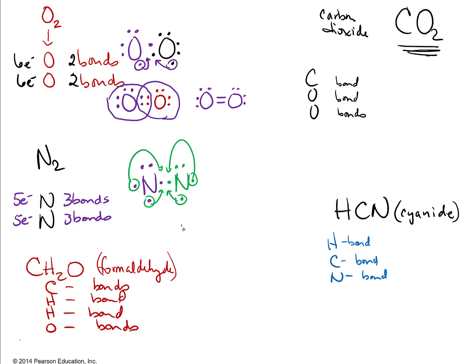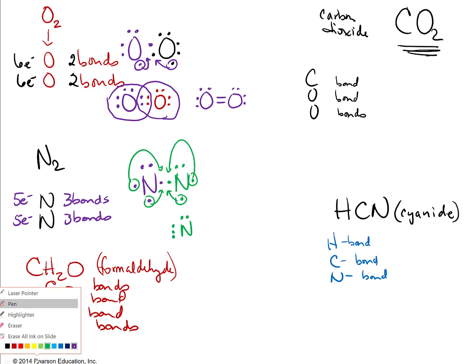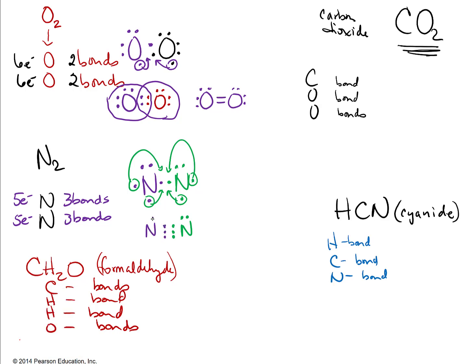So you end up with a nitrogen with 6 total electrons between, to give each of them 8.